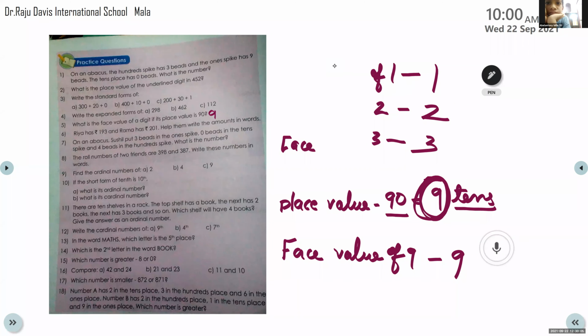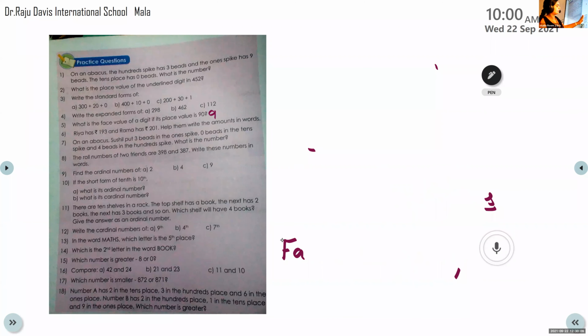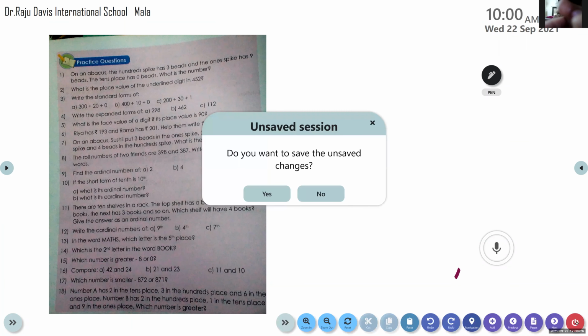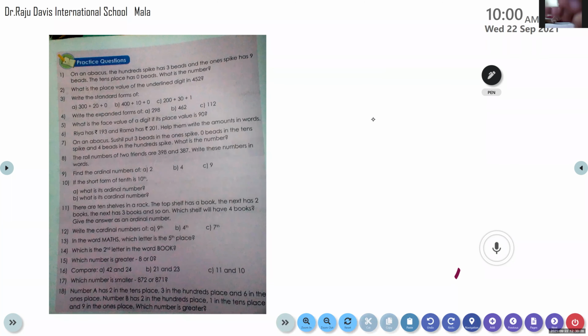We have to write the number name. 193. You have to mention rupees also because this symbol stands for rupees. So please take the next page. You will have space to write. Okay. So please take the next page.